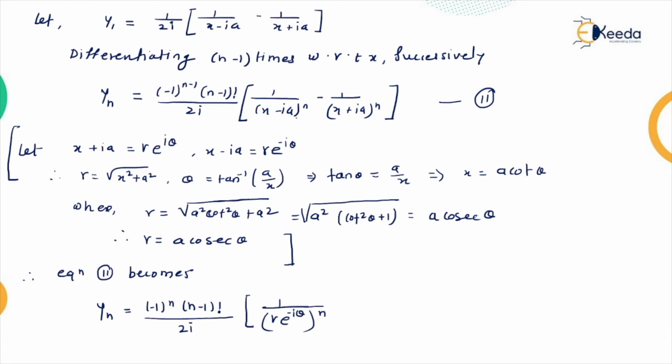Because x minus ia can be written as r into e to the power minus i theta, bracket raised to n, minus 1 upon r into e to the power i theta, bracket power again n. So this bracket is completed here, and we will get to it in the next step.